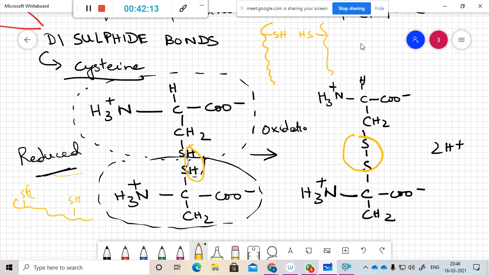Then a disulfide bond, if it forms, like in the case of antibody, this is a disulfide bond which takes place. And essentially what it does, it folds this molecule. So the polypeptide gets folded because of the disulfide bond.